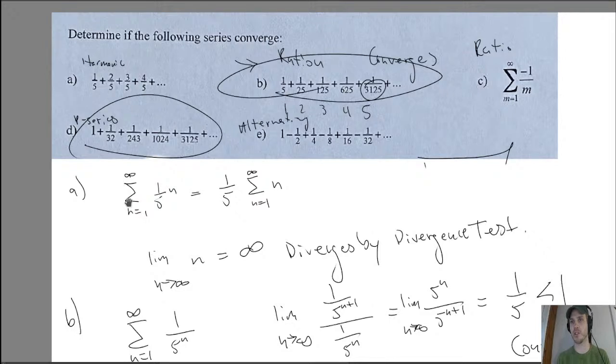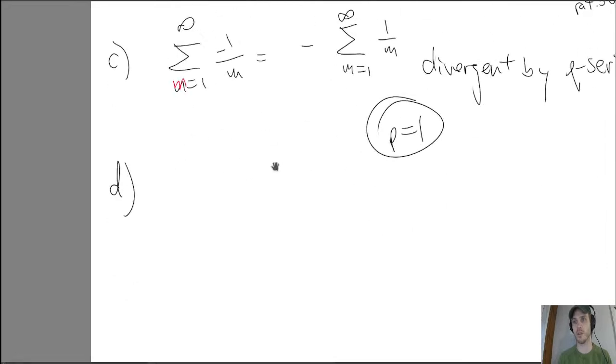Is this also p-series? This is n raised to the 3. No, to the 5. 2 to the 5th is that. 3 to the 5th, 4 to the 5th, 5 to the 5th. Okay.